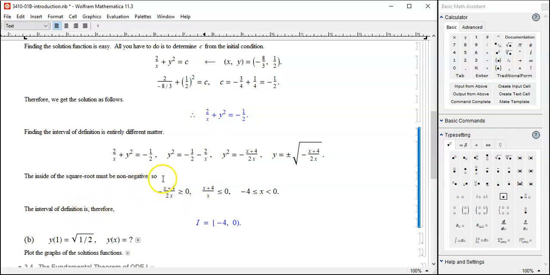So the interval of definition must be an open interval, because of differentiation. Therefore, I've written it as an open interval. Okay, that is the interval of definition of this.